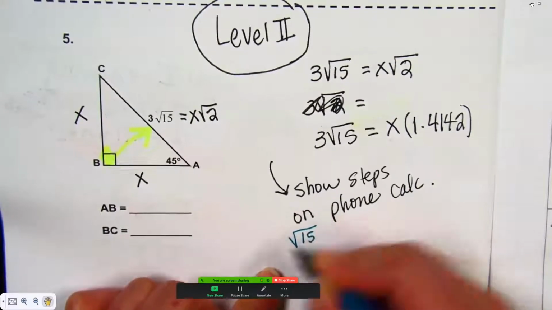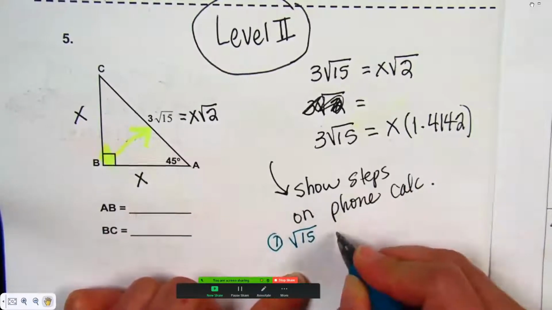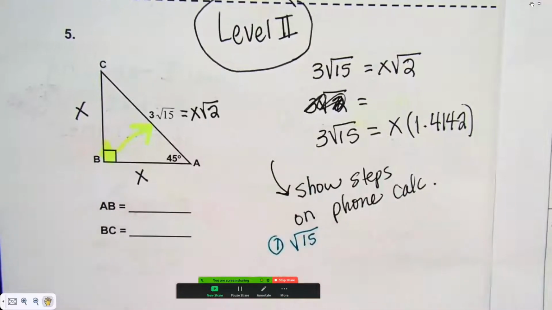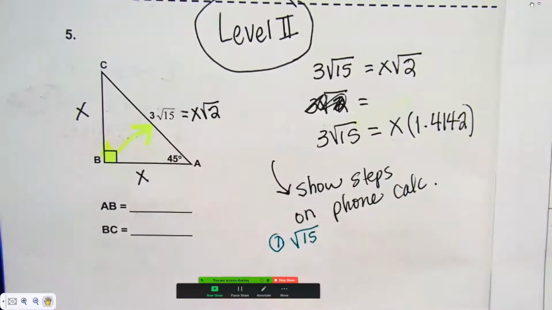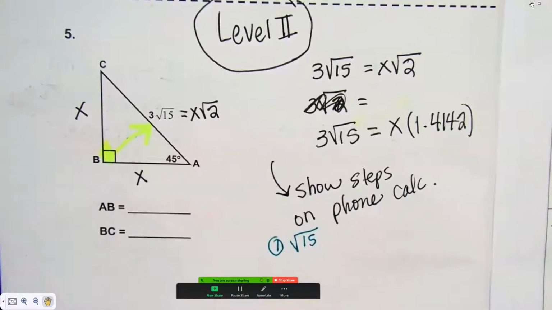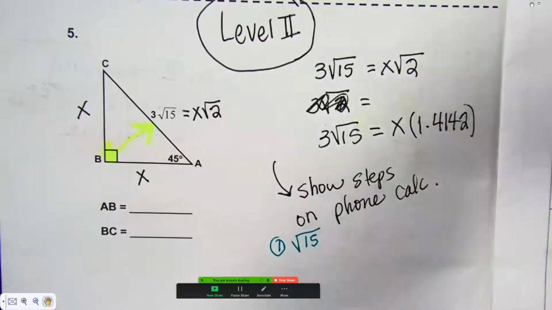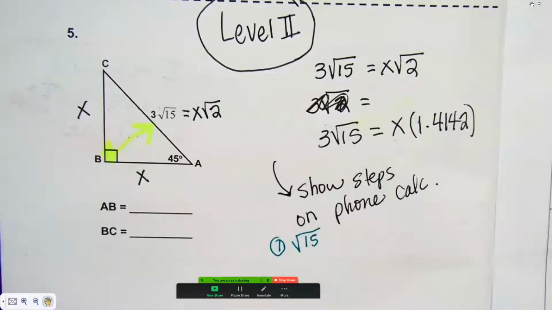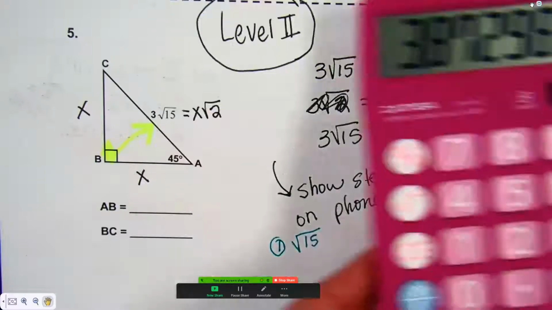Here's your steps. And I'm going to need your help on this. Step 1, find the square root of 15. You got 2.5? I got like 3 point something. 15, right? You can do the iPad in a minute.